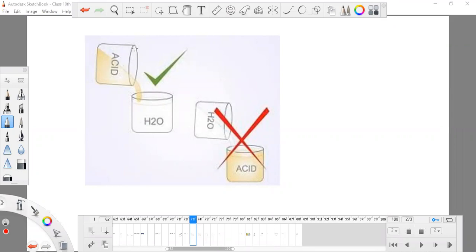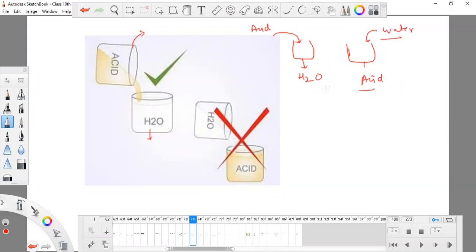Okay, so this is acid and this is water. Now we have two things: either I can put acid into water, or I can put water into acid. There are two methods and both of them are exothermic.